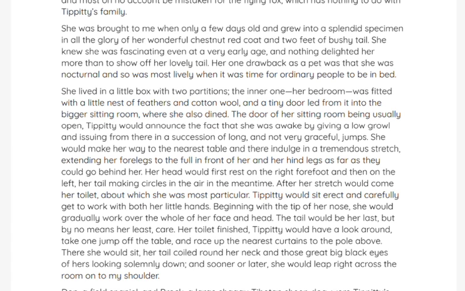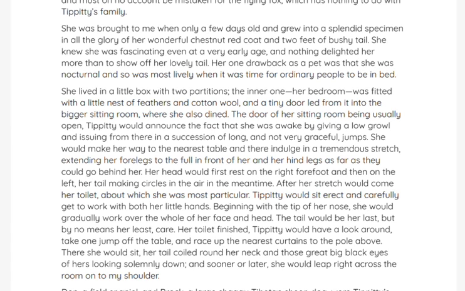Crazy animals. After her stretch would come her toilet. The toilet means not literally the washroom. It is like what we call cleaning herself. How do pets or animals clean themselves? With the tongue or nose, licking themselves, something like this.